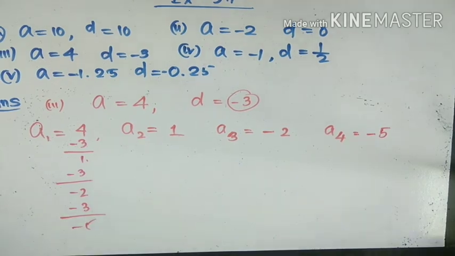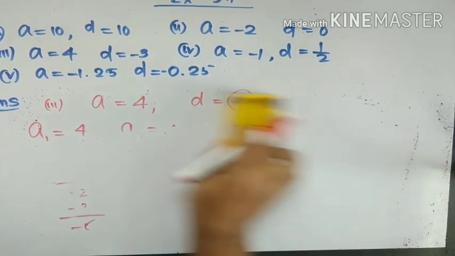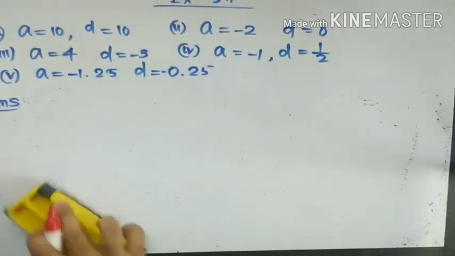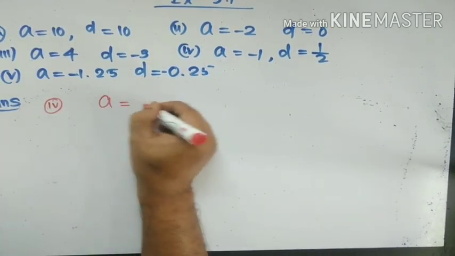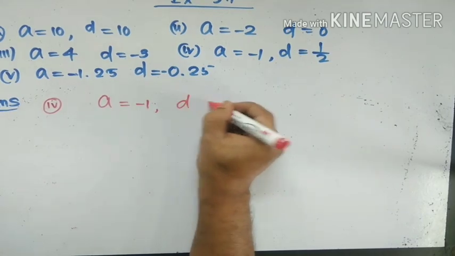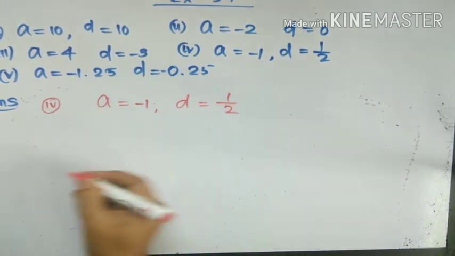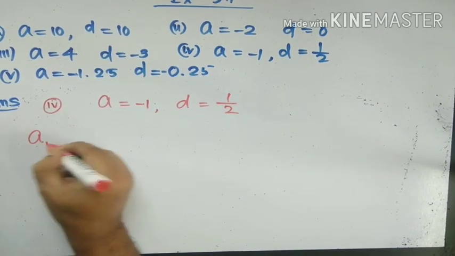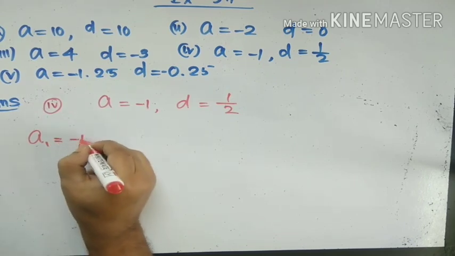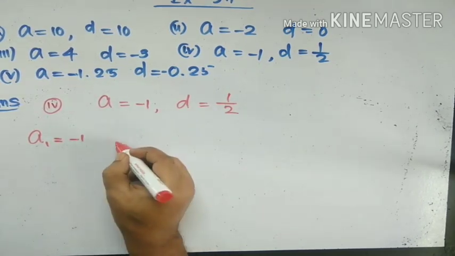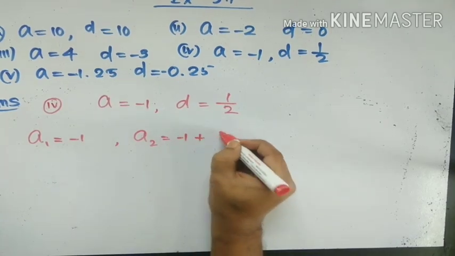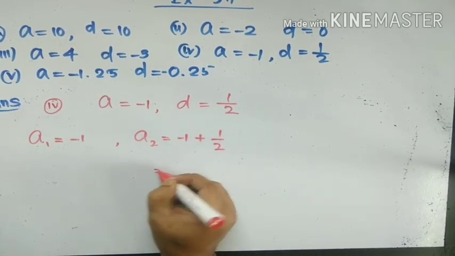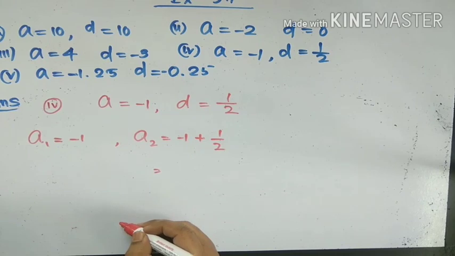So let's do another example, number 4 and 5. Now in example number 4, A is given minus 1, D is given half. So here the first term, that is A1, equal to minus 1. So A2 will be minus 1 plus half. So minus 1 plus half means what?